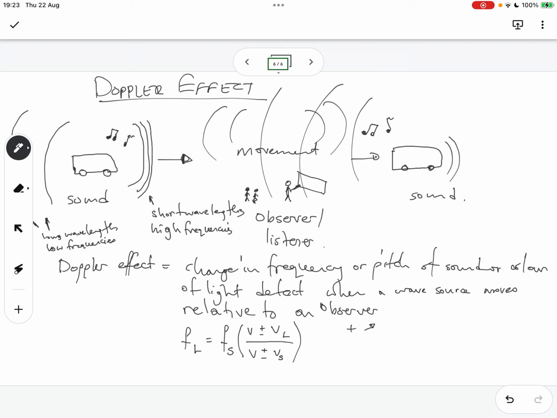In the numerator, the plus would indicate we're going towards the listener, and the minus would be we're going away from the listener. Whereas in the denominator, the plus would be away from the source, and the minus would be towards the source.